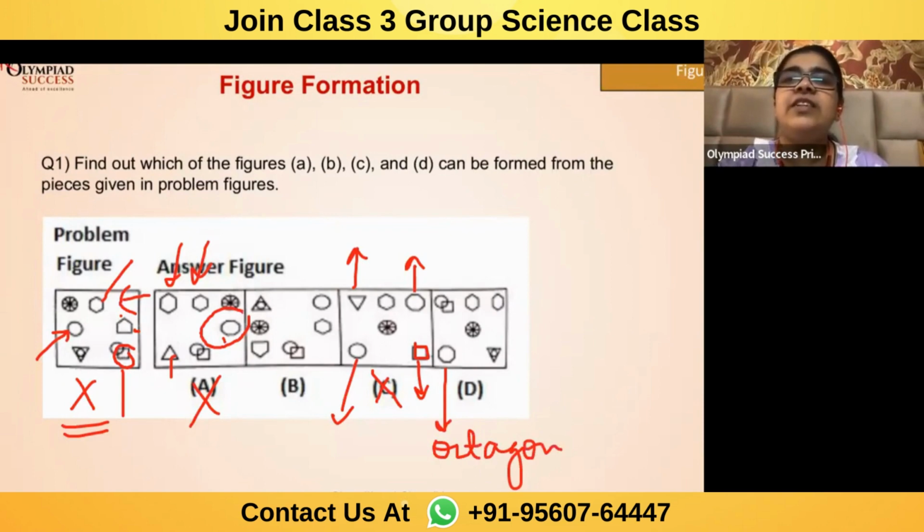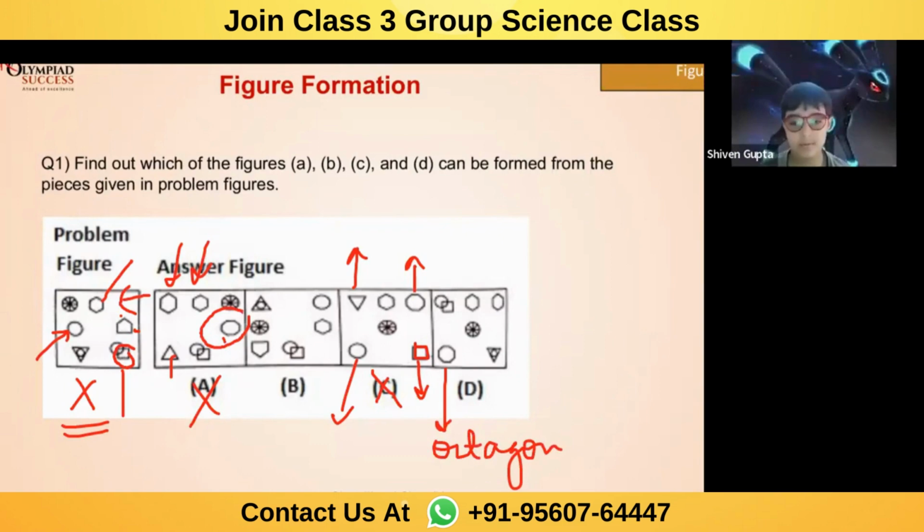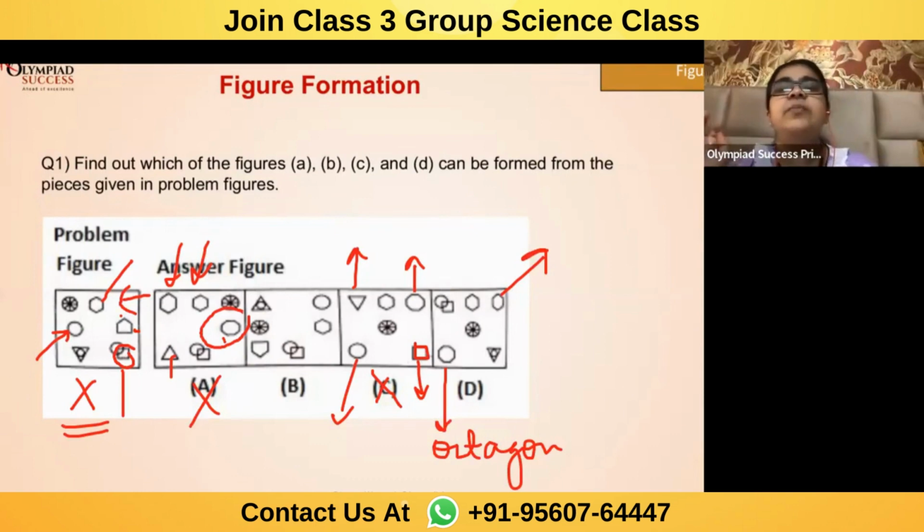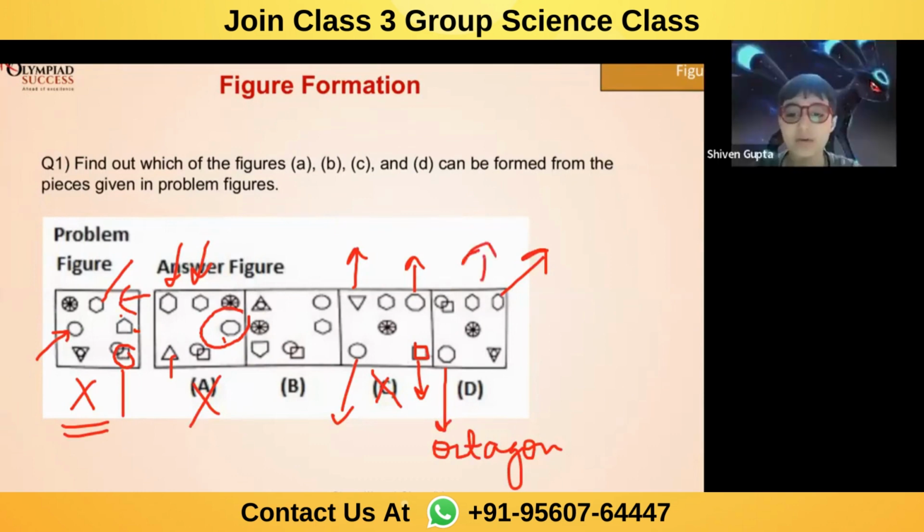Okay, Shiven, is there any other reason for eliminating option D? Yes, ma'am. If you see on the top right corner, there is a hexagon there, but that is not at all present in the problem figure X. One hexagon is present, but here we have two hexagons.